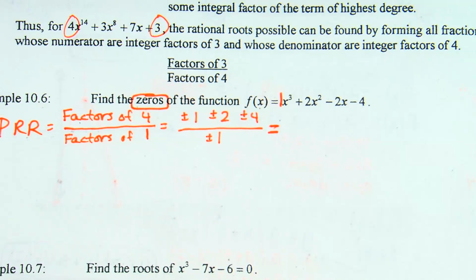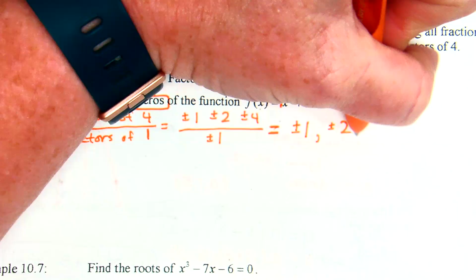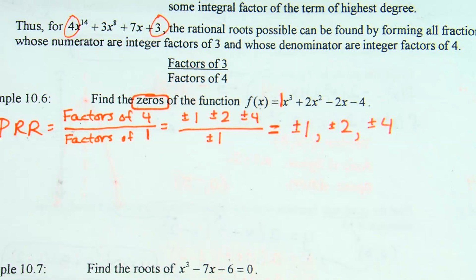But if they're all over 1, it's just easy to say, okay, my possible rational roots are plus or minus 1, plus or minus 2, and plus or minus 4. So at most we have 6 possible things to try. Okay? So, how do we try them?